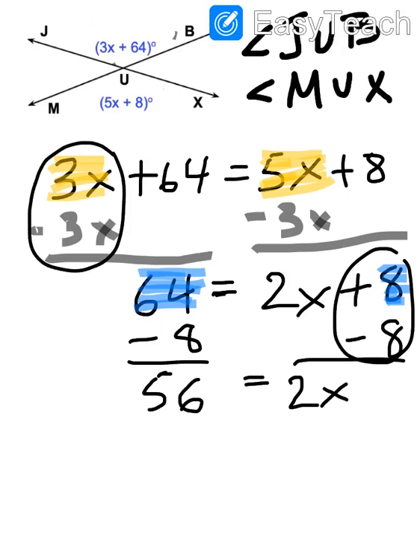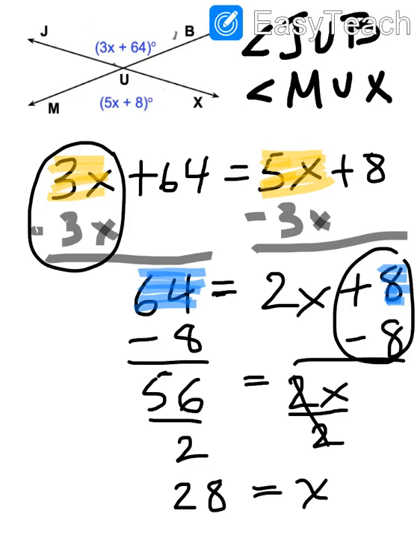So now we have 2x equals 56. So we're going to divide because that's the inverse operation of multiplication there. 2 divided by 2 is 1. 1 times x is x. And then 56 divided by 2 is 28.